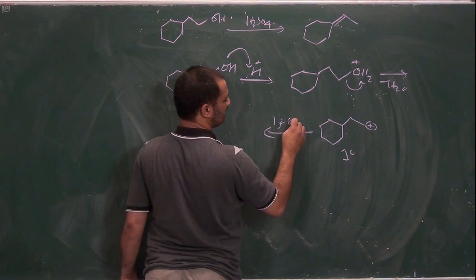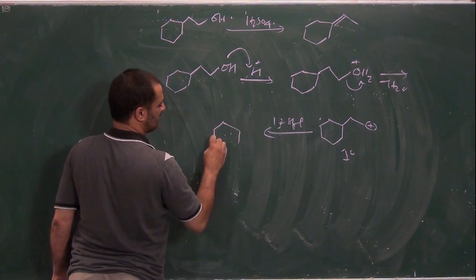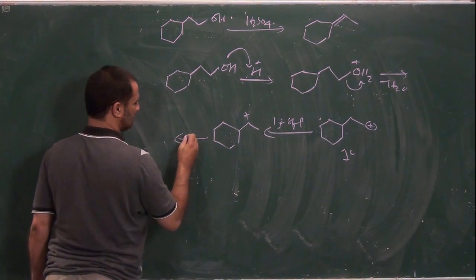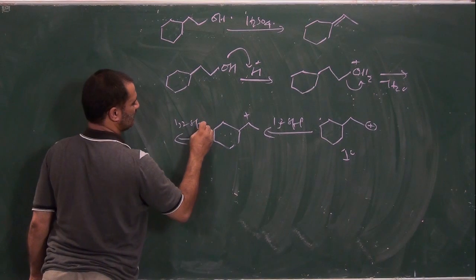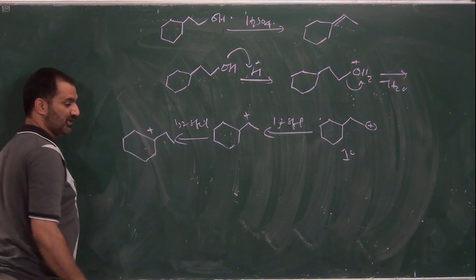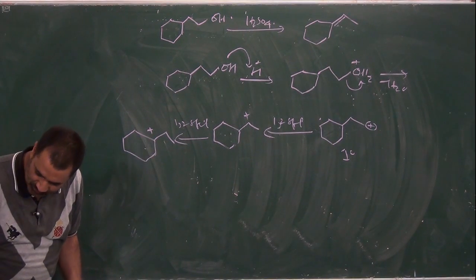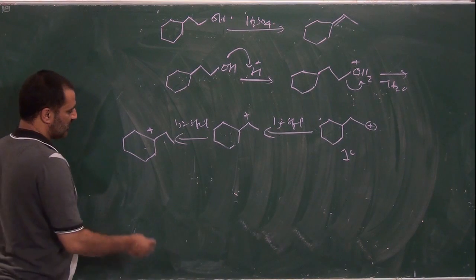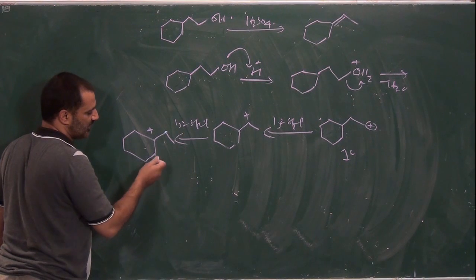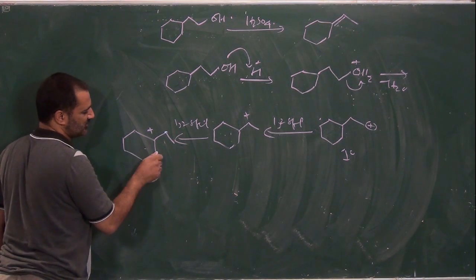With a 1,2 shift, it gets converted into a secondary carbocation. Again a 1,2 shift converts it into the tertiary carbocation, and then there is proton loss. There are two possibilities of proton loss. The proton can be lost from this carbon, or from this or this, which is one and the same.